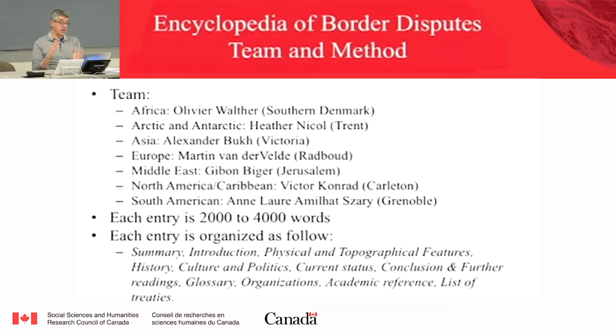When we look at territorial plus maritime dyads, we are at a bit more than 800 dyads worldwide. And I would say that about 20% of the dyads are being disputed.